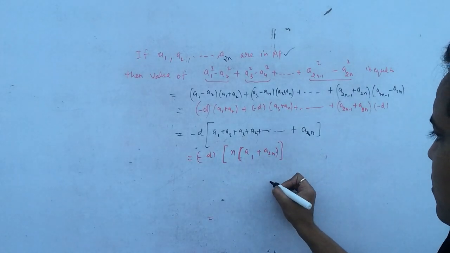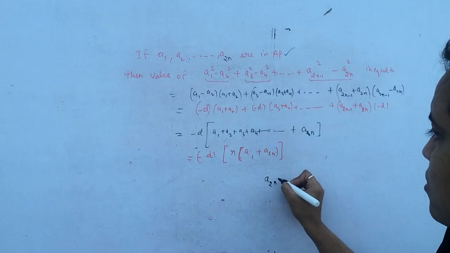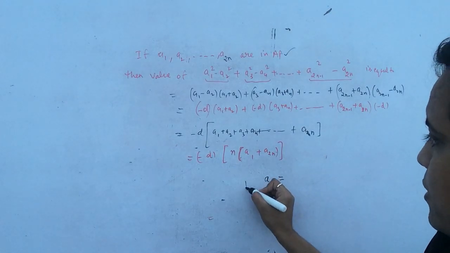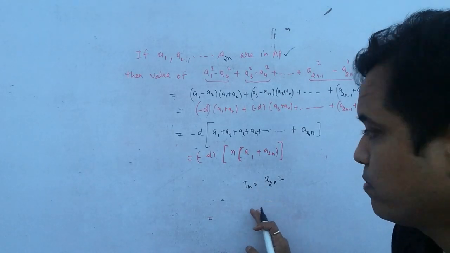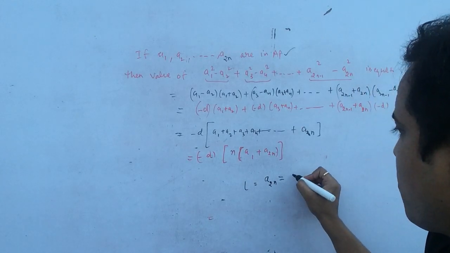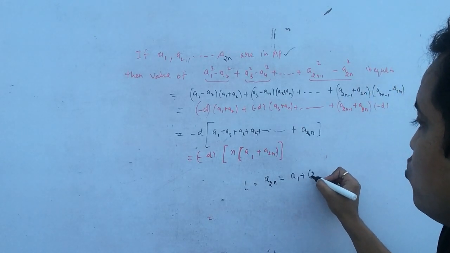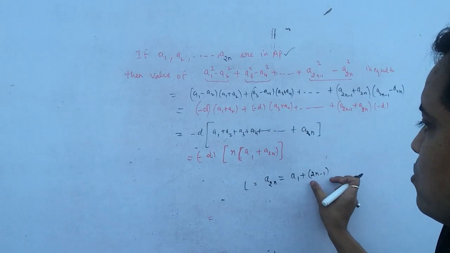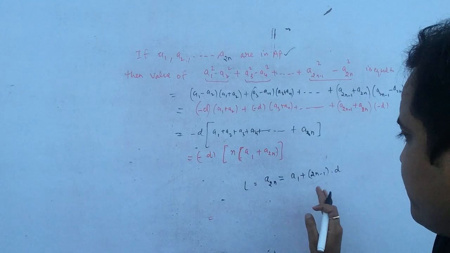We have a formula, what? an, last term, okay. What is this? Tn is the last term, the nth term, the last term, don't use tn, okay. Last term l equal to, so the formula is a plus n minus 1 into d. a1 plus n minus 1, at the place of n it is 2n, 2n minus 1 into d, alright.